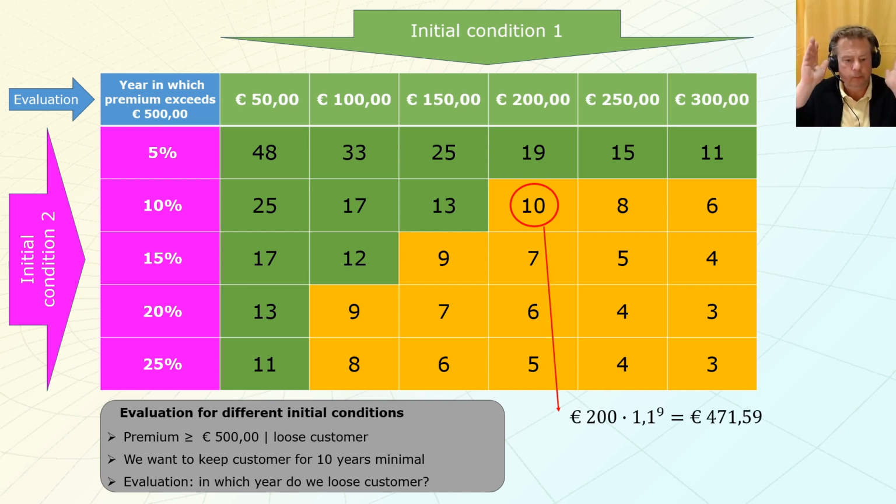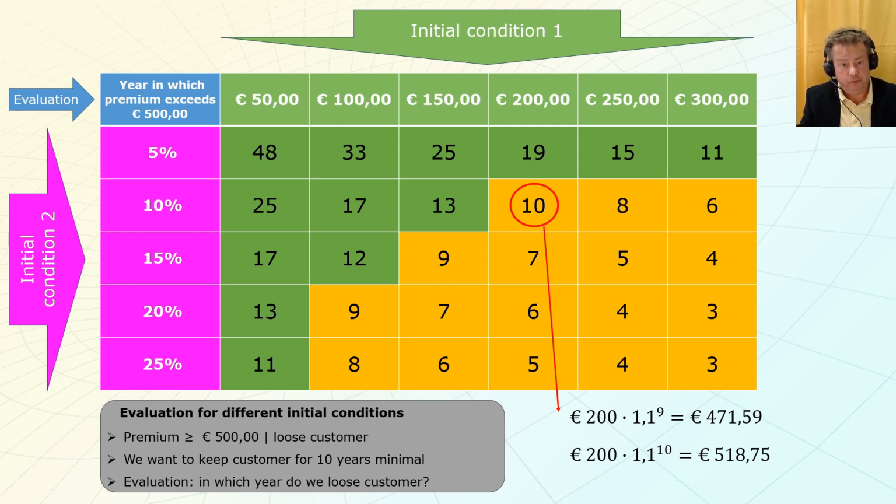If we are now in the column where I picked a combination of a starting premium of 200 euros and a renewal percentage of 10% each year, and if you want to do the math, you take the base premium 200, you multiply it by 1.1 to the power 9 for year number 9, and you will see we get something which is still below 500 euros. But the next year, in year number 10, it will go beyond, and this customer will cancel his policy in year number 10. And that's why I colored it orange, not happy.